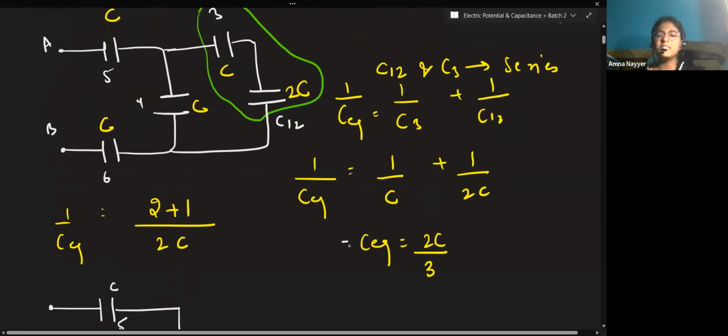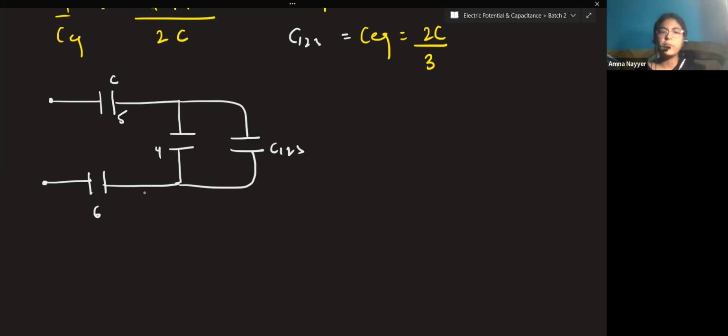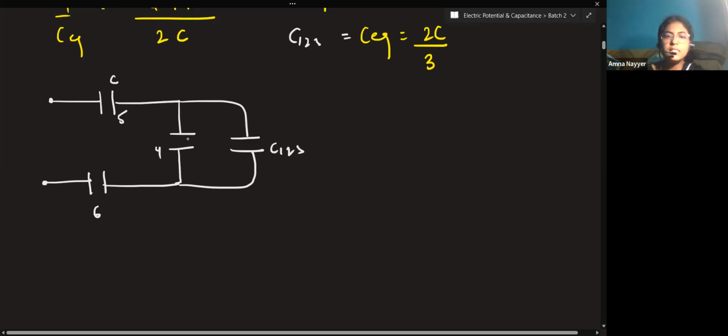Let's name it C123, so it will be easier for us to remember what combinations have been made. So C123 is now connected over here, instead of C3. Reason? First we clubbed C1 and C2, then we clubbed C12 with C3. So we got C123.